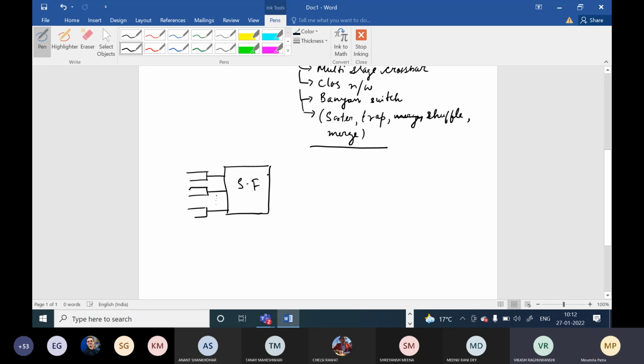Okay, so that is why there should be input buffering, because the switch fabric may not be able to handle that much of input to send to the corresponding output port. Okay, so that is why we need some buffers at each one of the input ports. So let us name them 1, 2 to n. These are your input ports.